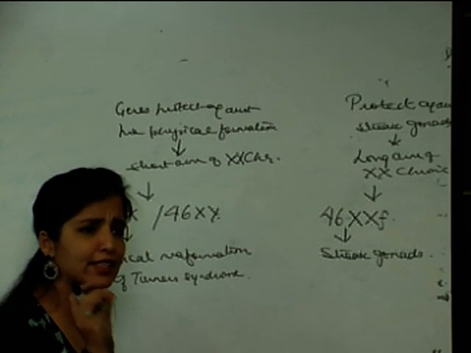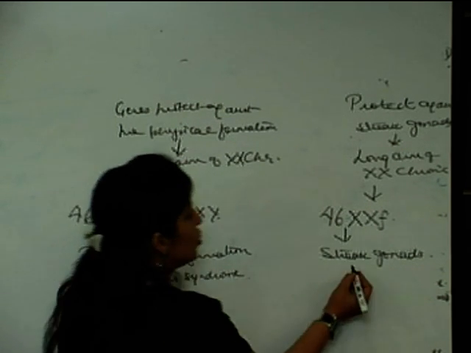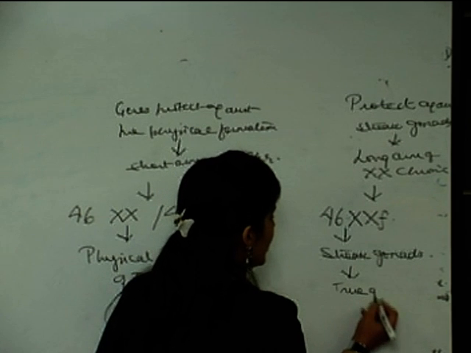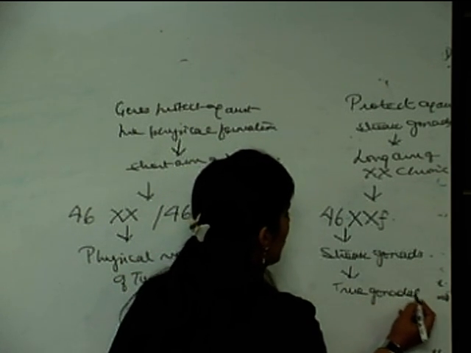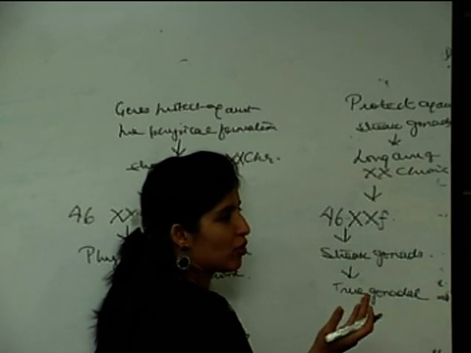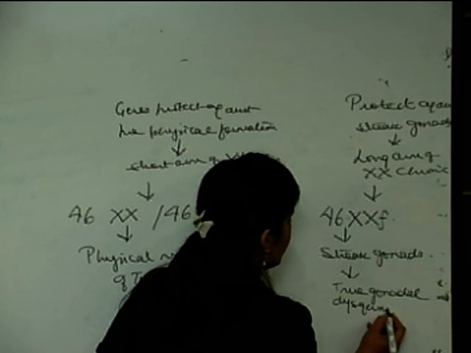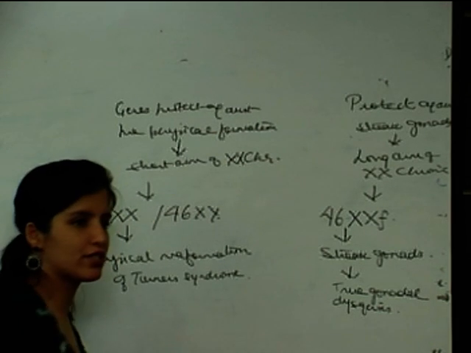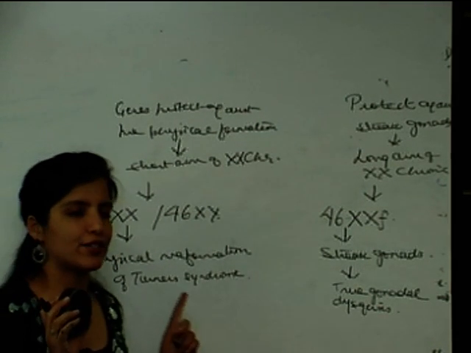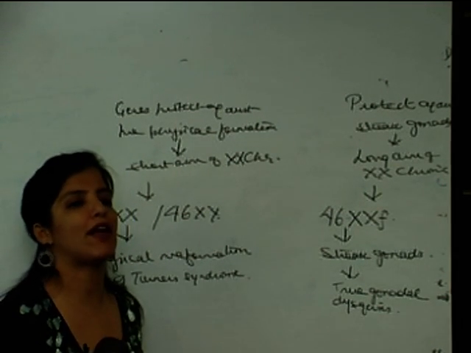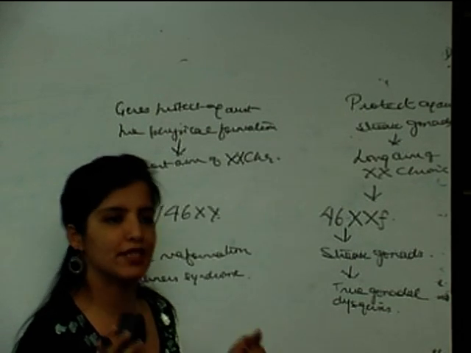This is exactly what is happening in true gonadal dysgenesis, the second cause of primary amenorrhea in compartment 2. In true gonadal dysgenesis, the gonads are streak, but the physical malformations of Turner syndrome are absent.